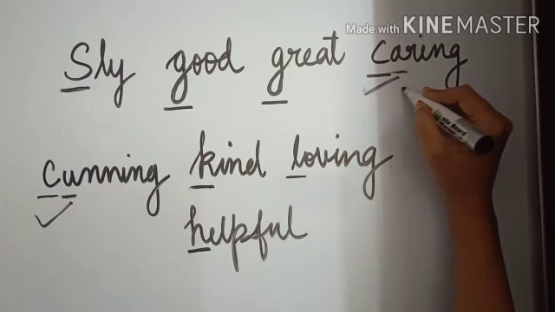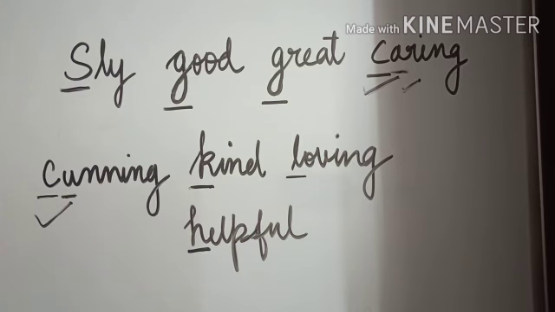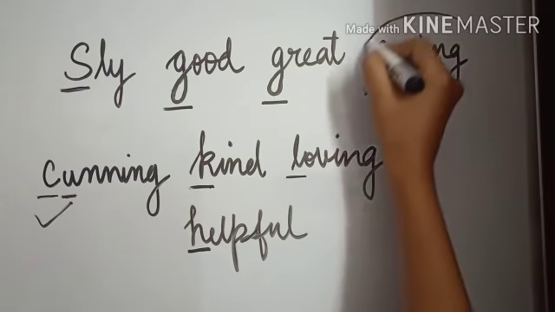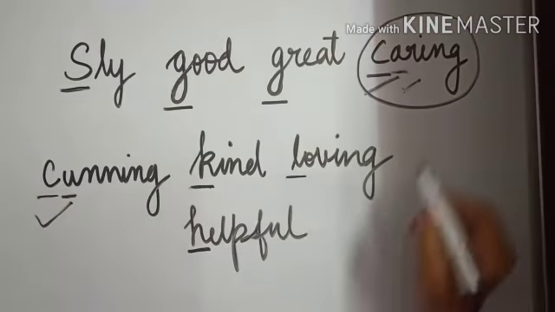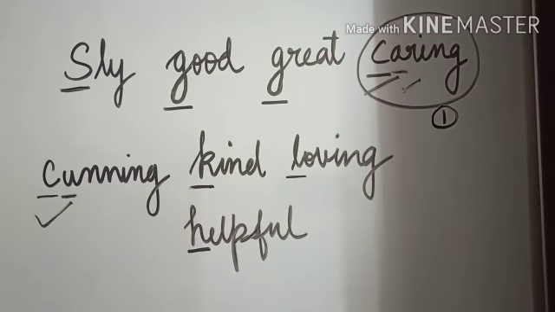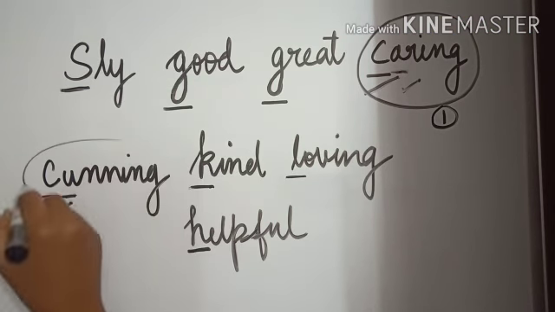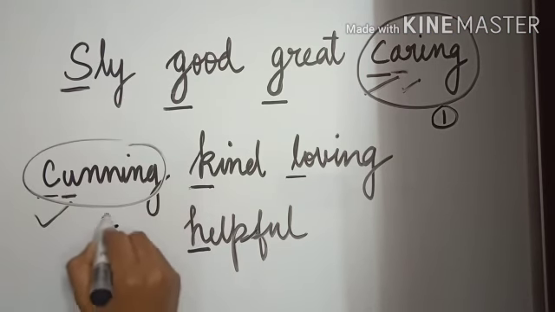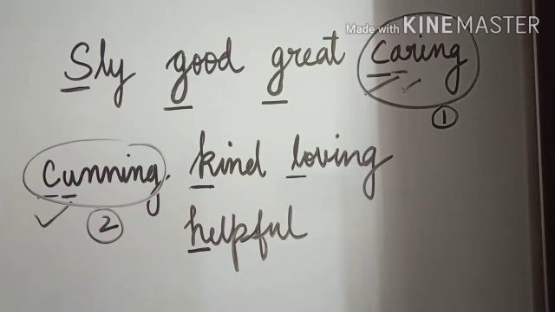It is A. Therefore, we can say the word caring is going to come first. And then the word cunning. Similarly, children, you can do the rest as homework in the textbook itself and then send me a picture. Thank you.